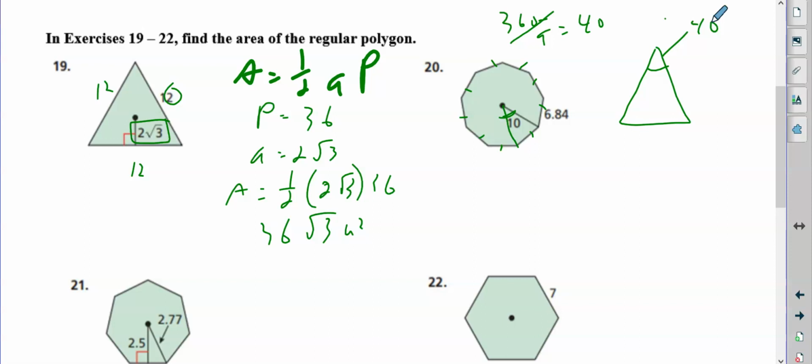Now, we want the apothem, which is that line right there. We know this right here is 6.84. Well, if we take 6.84 and divide it by 2, that gives us 3.42. That means each of these is 3.42. We also know that this length here is 10.